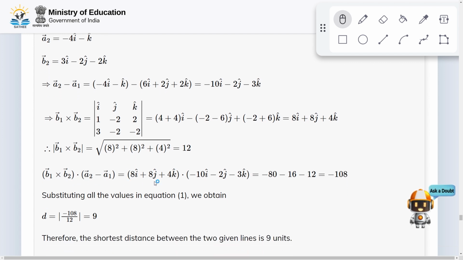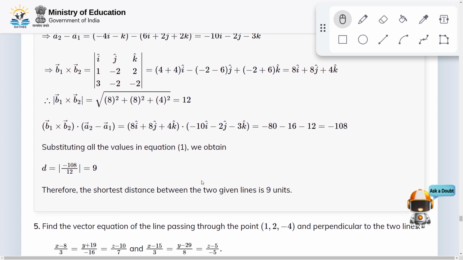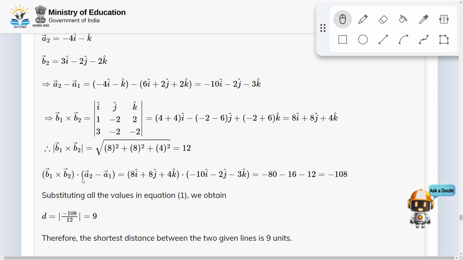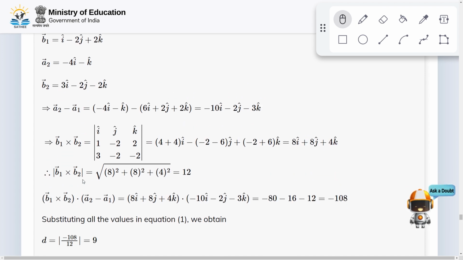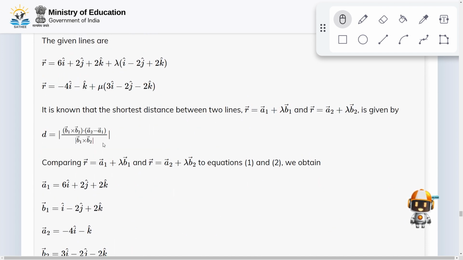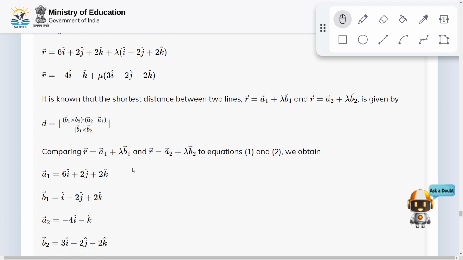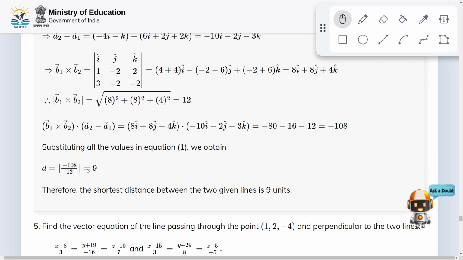Now the dot product will be minus 80 minus 16 minus 12, and this gives minus 108. Putting the respective values in this expression to get your shortest distance, you will have 9. So the shortest distance will be 9 units.